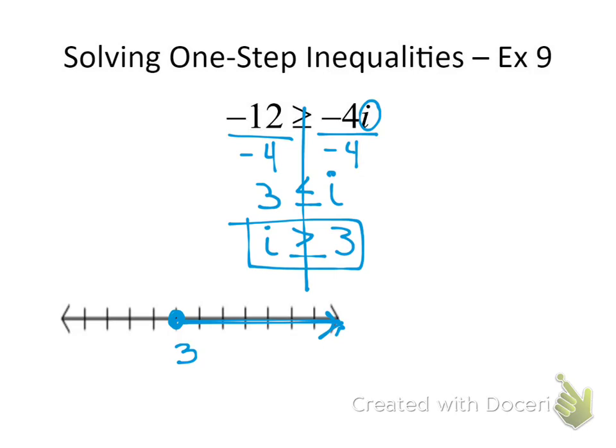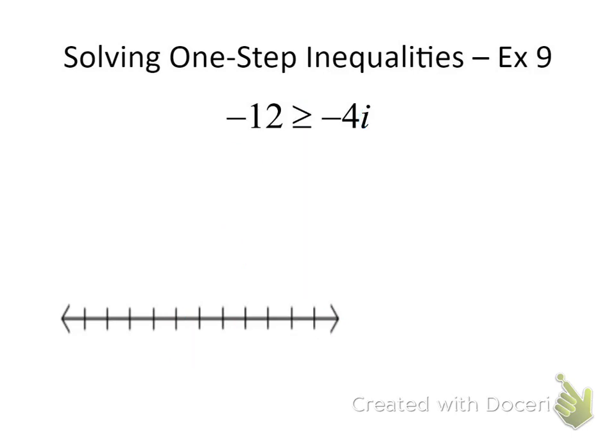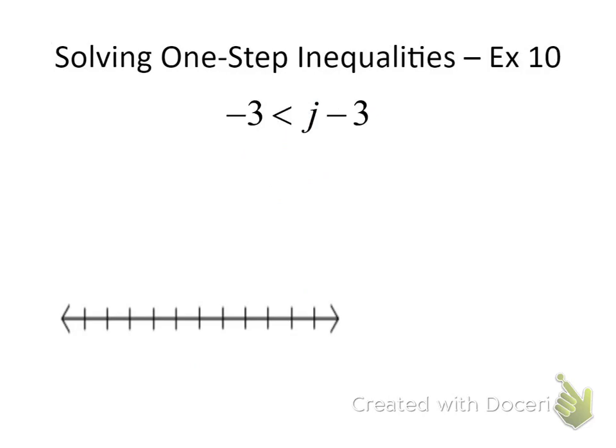All right, example number 10, the last one. How do I get the J by itself? Take a look. I have negative 3 is less than J minus 3. Add 3.